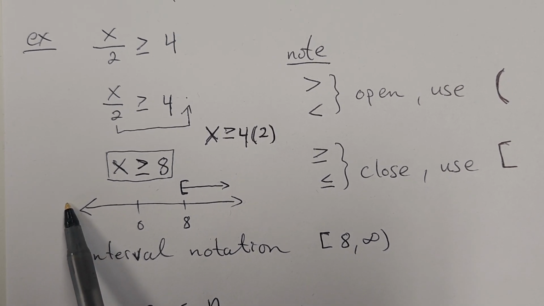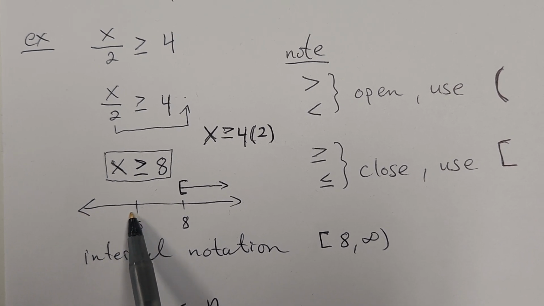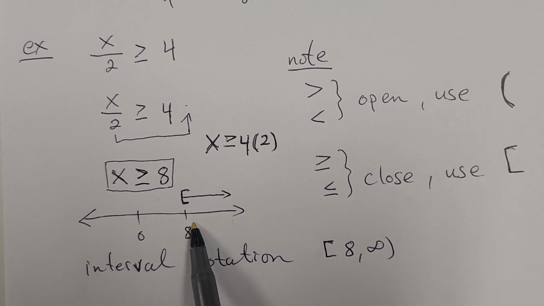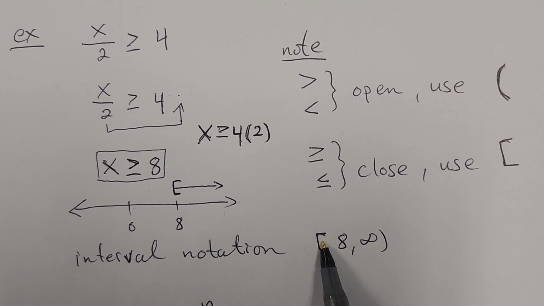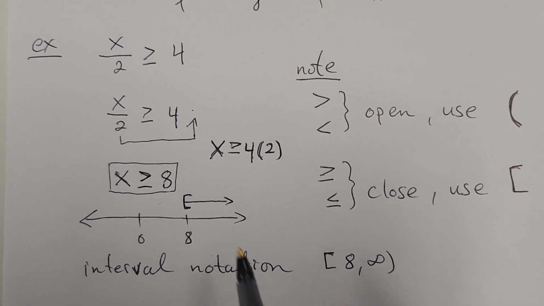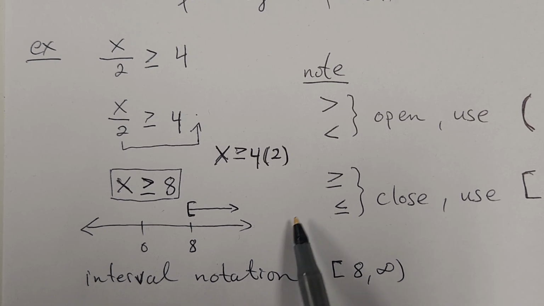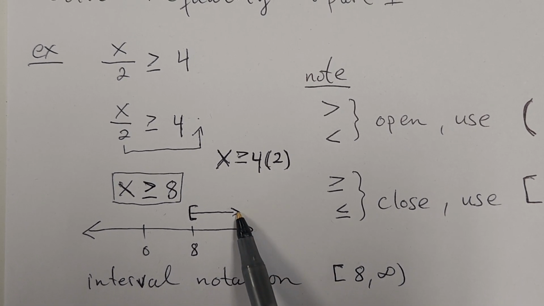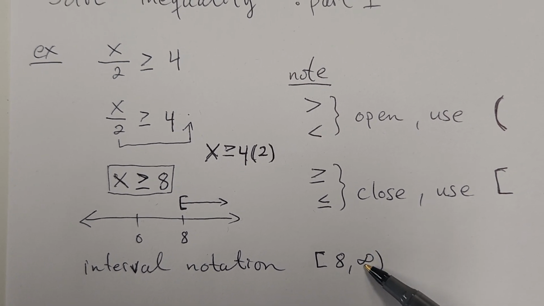Start from the left, there's nothing here, keep moving, keep moving, keep moving. You reach 8, and 8 is bracket, so I write 8 bracket followed by a comma. Then you keep going from 8 to the right hand side, and there's still nothing here. However, the arrow kept pointing to the right side, so we will stop at infinity.